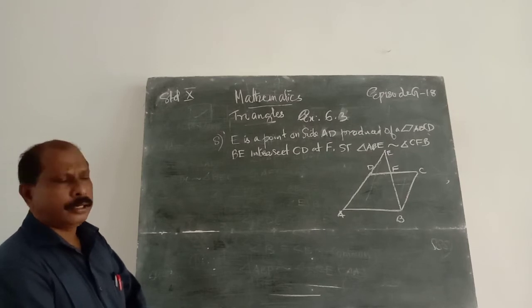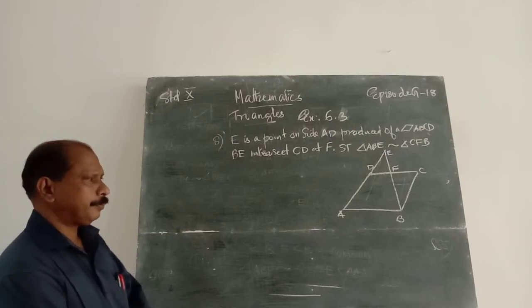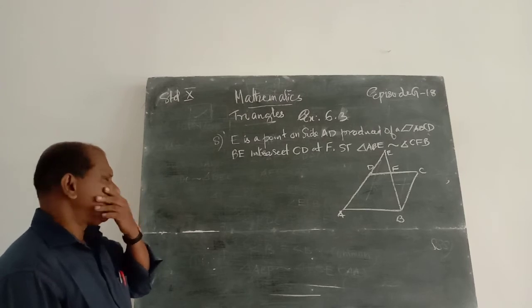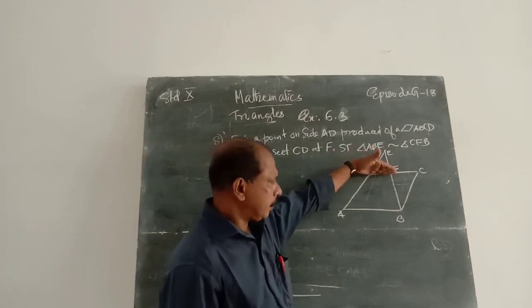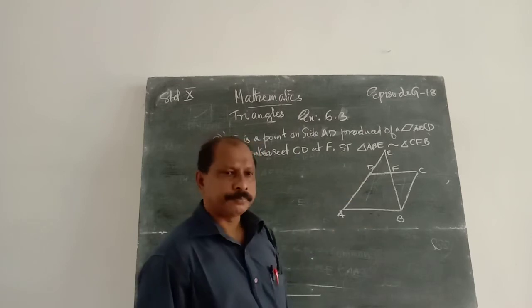ABCD is a parallelogram. Therefore, DF is parallel to AB.